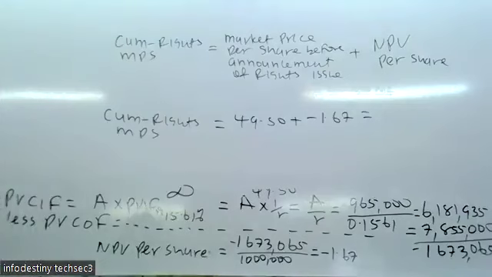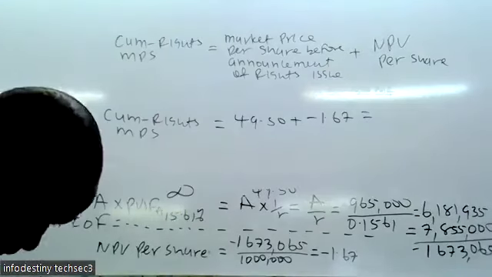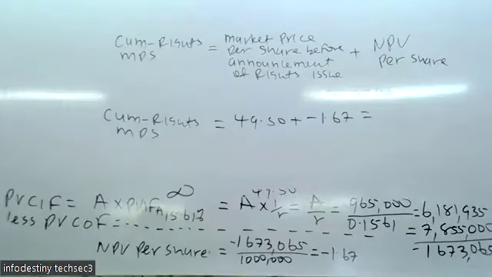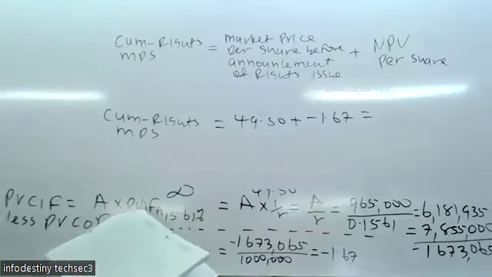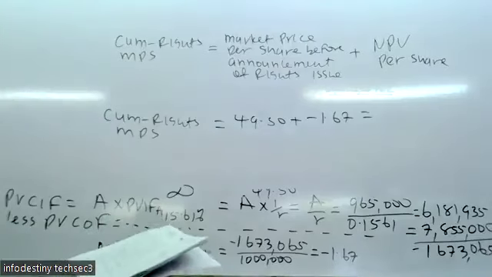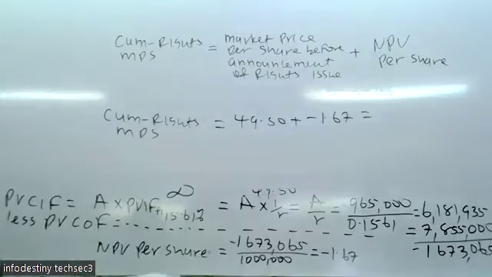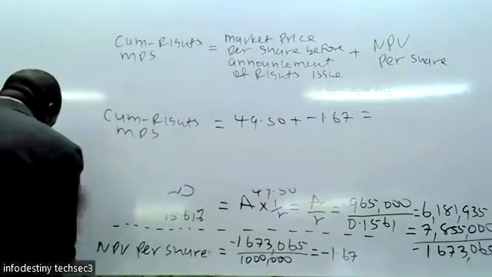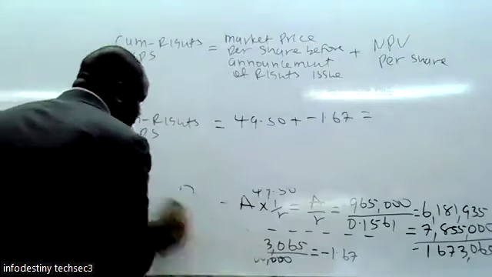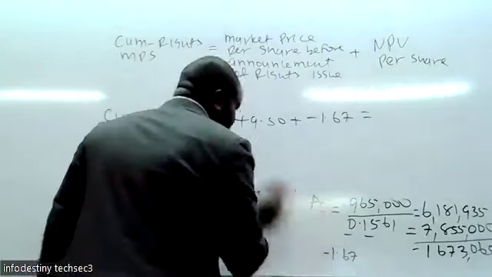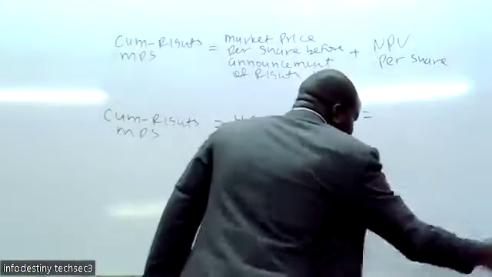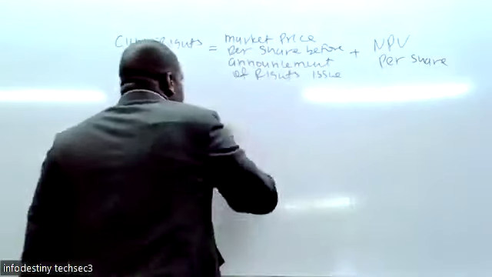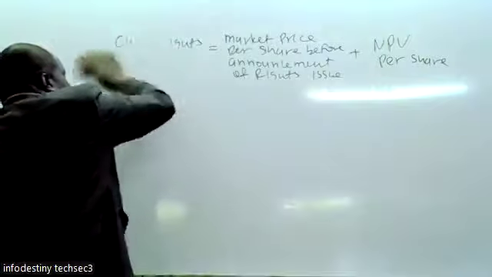We get 47 point what? 8. Yeah, so that should be now our Roman letter 1. So let us go to the Roman letter 2, how to calculate the theoretical ex-rights price.